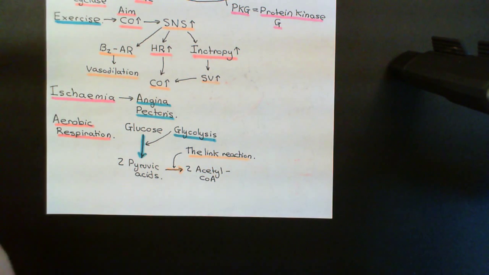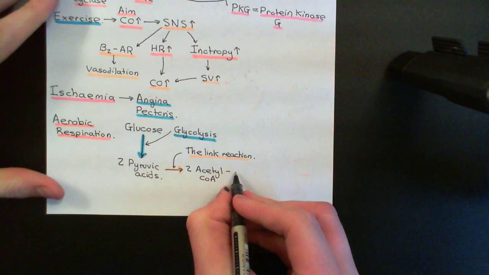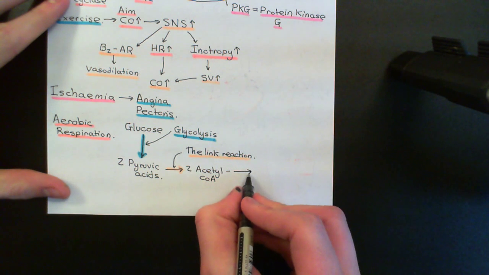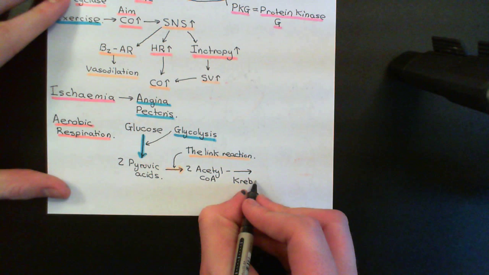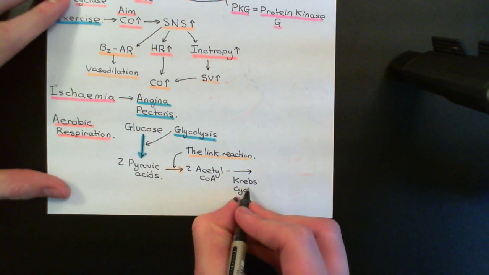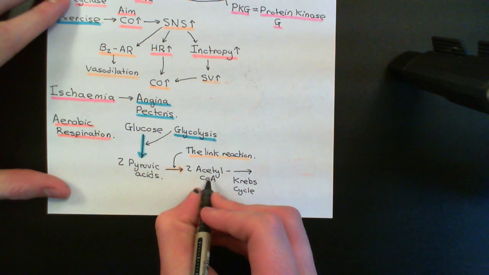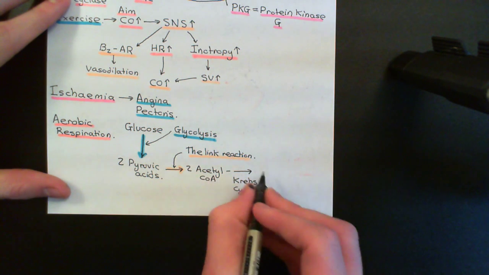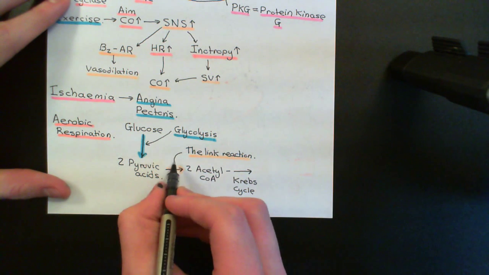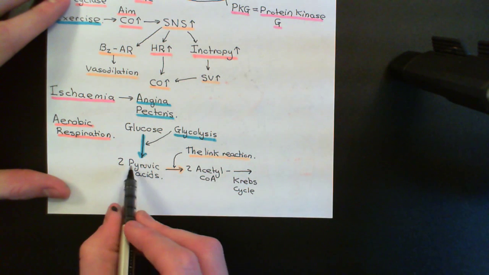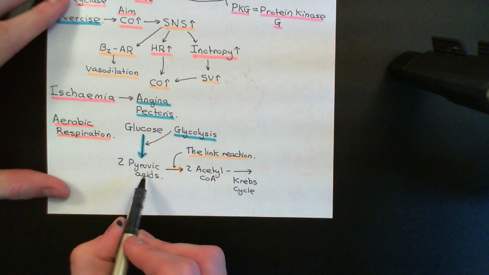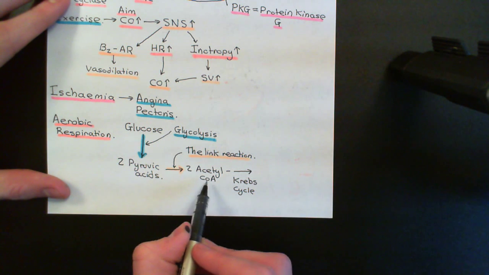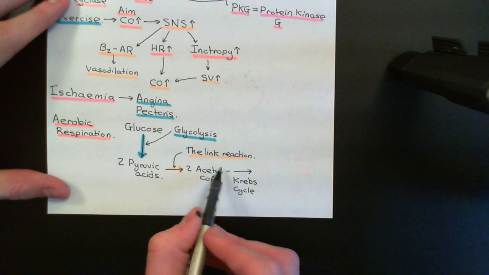Then the two acetyl coenzyme A molecules are going to go through the Krebs cycle here, and of course the Krebs cycle will completely destroy them. It will turn the carbons of the acetyl coenzyme A molecules into carbon dioxide. The link reaction also produces a molecule of carbon dioxide, because pyruvic acid has 3 carbons, while acetyl coenzyme A only has 2 carbons in the actual acetyl.